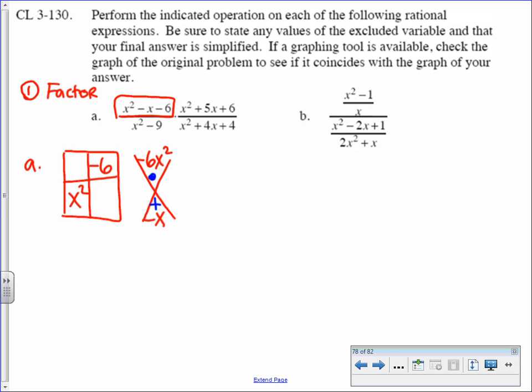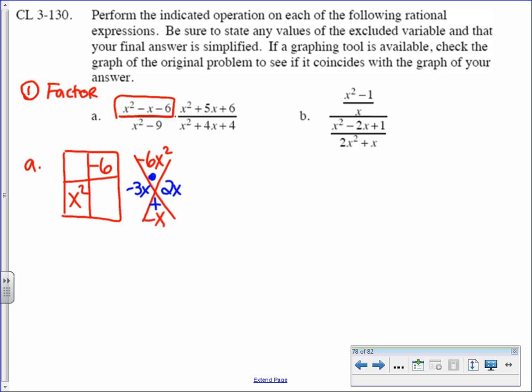I know that 3 times 2 is 6, and if I want them to add to get negative 1, then I need to start with a negative 3x and a positive 2x to get negative 1x. I want to add it together and multiply to get negative 6.